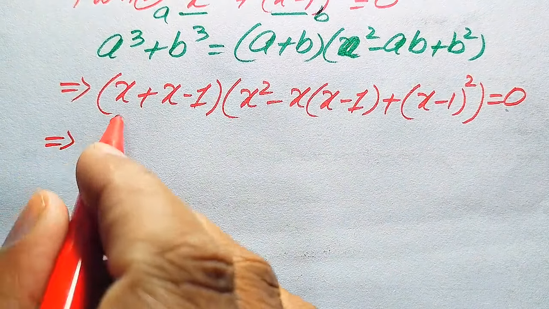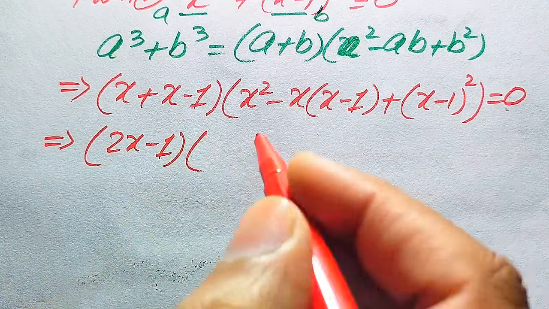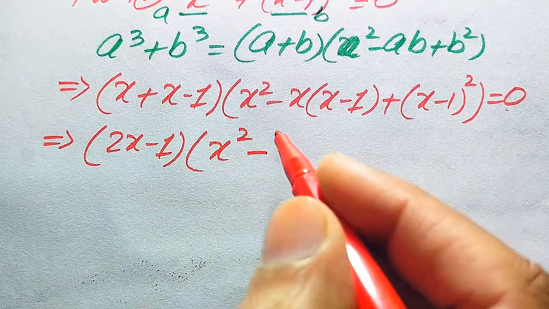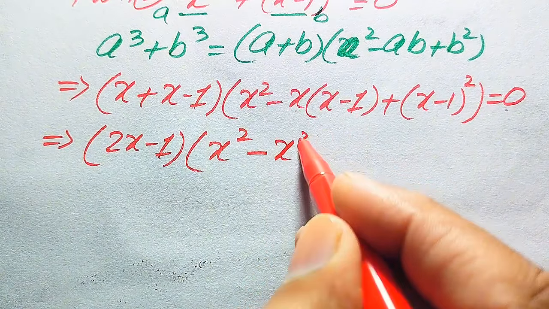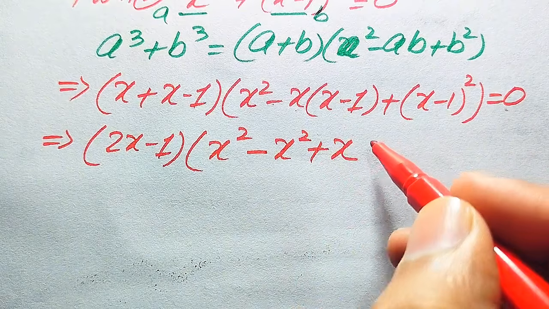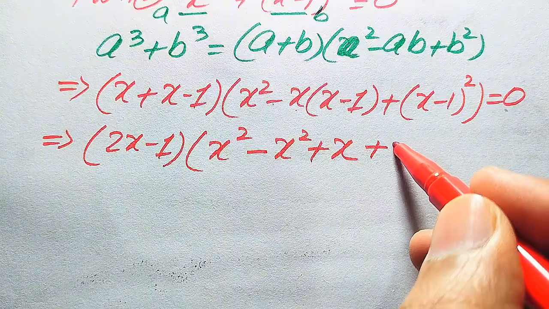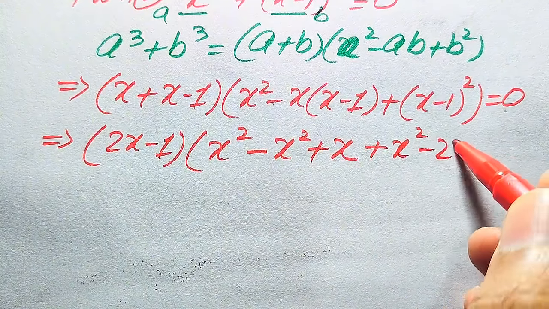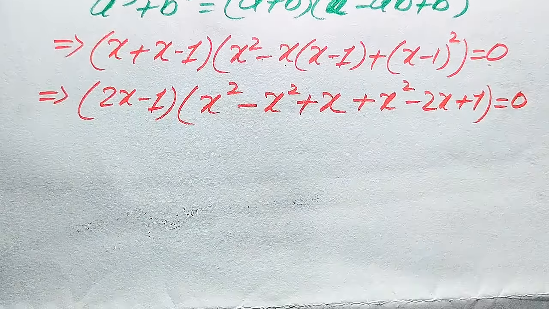And here we add these two values, x plus x becomes 2x minus 1, and here we have x square. We multiply this x on both of these values and it becomes minus x squared and plus x. This is minus times minus becomes plus, and here we expand this nice formula. It becomes x squared minus 2x plus 1, and this whole equation is equal to 0.